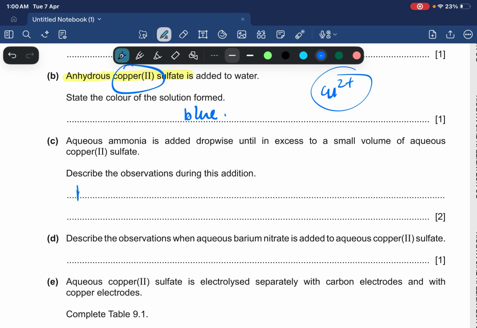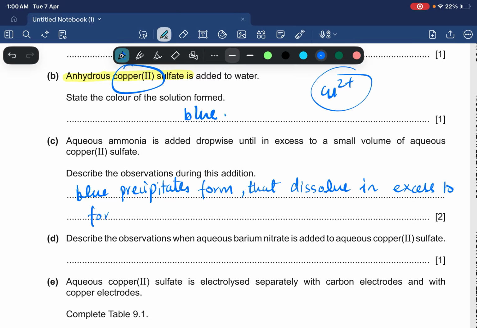So you have to learn all this. Blue precipitate forms that dissolves in excess to form a dark blue solution.